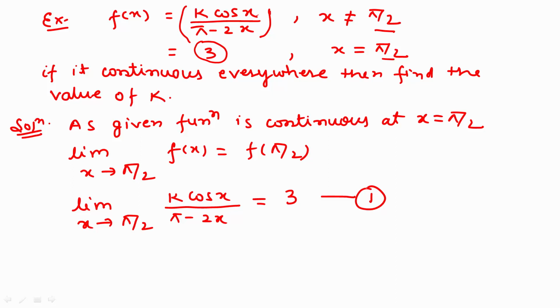The most important thing is the solution of this trigonometric function. So let's see the solution of this trigonometric function. I can write here limit x tends to pi by 2 of k cos x upon pi minus 2x.